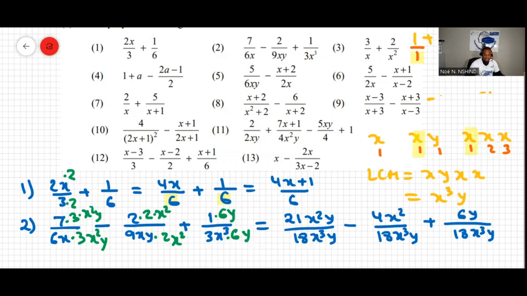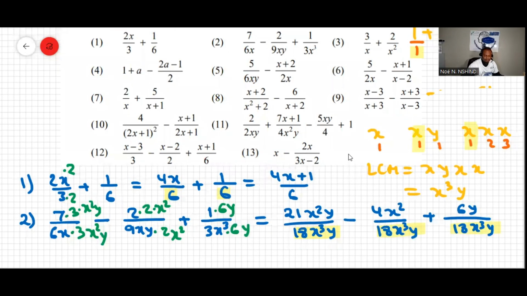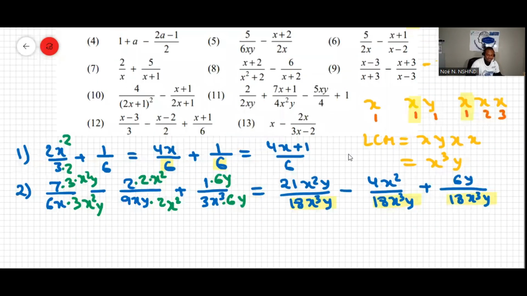Now that the denominator is common, we can combine the numerators, and the answer will be 21x squared y minus 4x squared plus 6y over 18x cubed y.